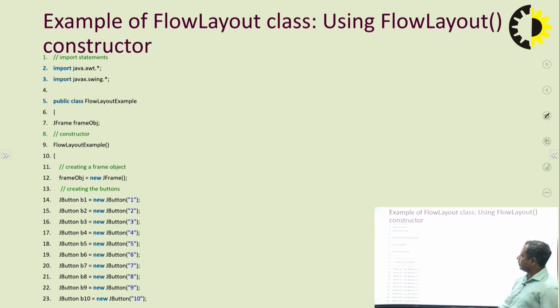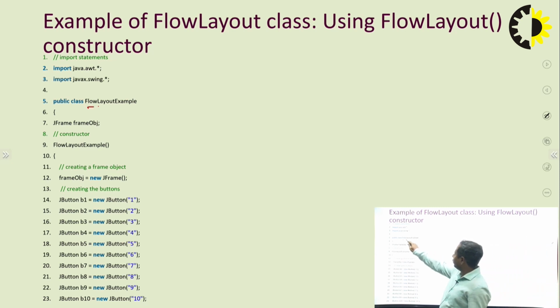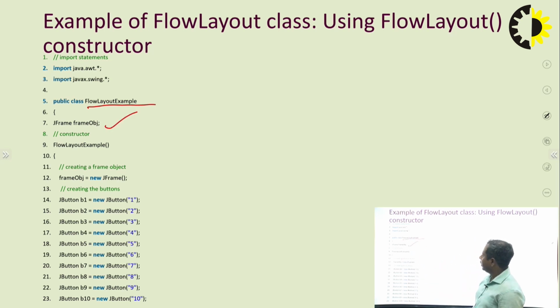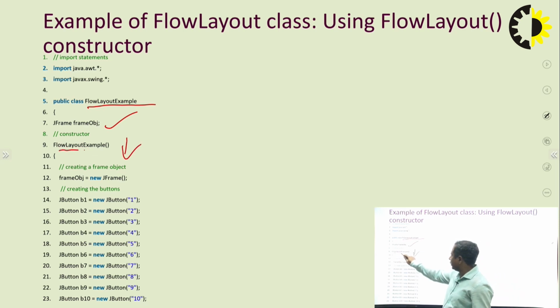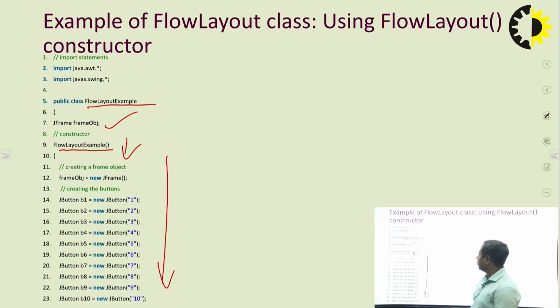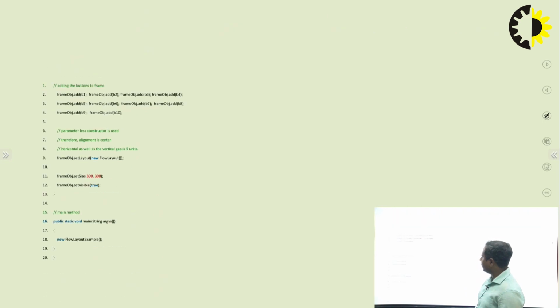Here we will create one class, FlowLayoutExample. Here we will create a JFrame object, and when this class constructor executes, that means when this class object is created, the constructor will execute. When the constructor executes, these statements are executed top to bottom. The JFrame object, the frame object, will be created, and we will create buttons 1 to 10 using the JButton class.